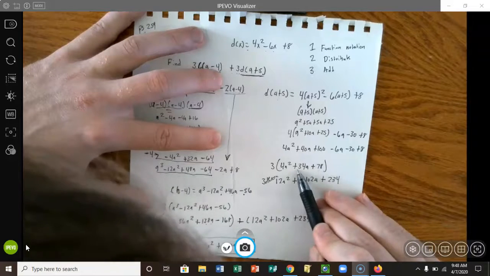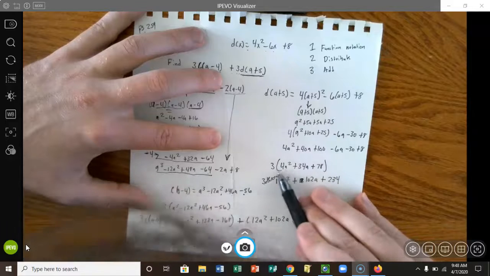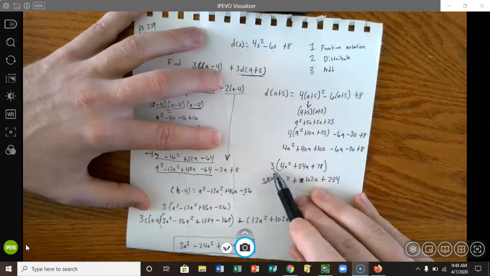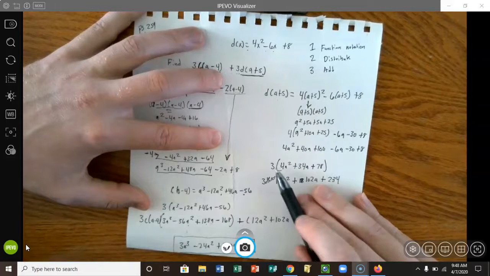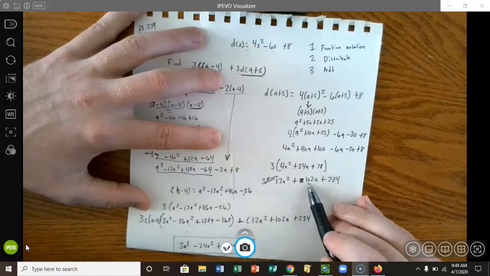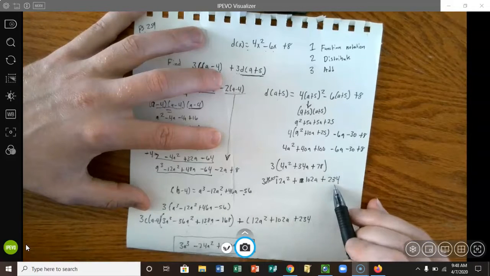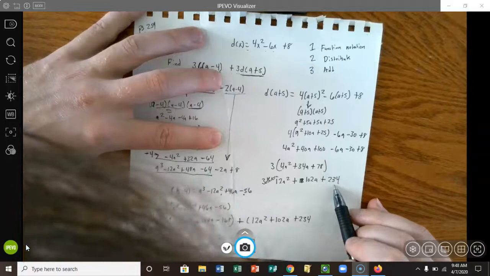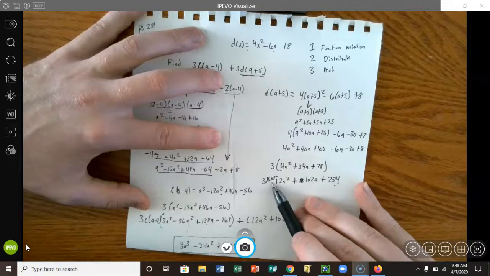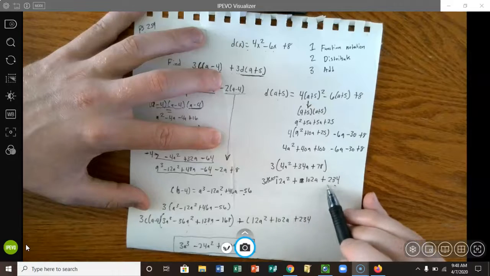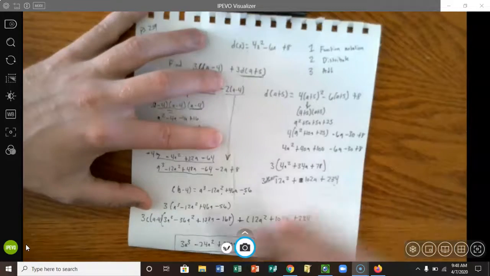At this point, it is time to distribute our 3 in front of d. So we're going to have 3 times 4a squared to get 12a squared, 3 times 34a to get 102a, 3 times 78 to get 234. And that is the answer for 3d of a plus 5: 12a squared plus 102a plus 234.